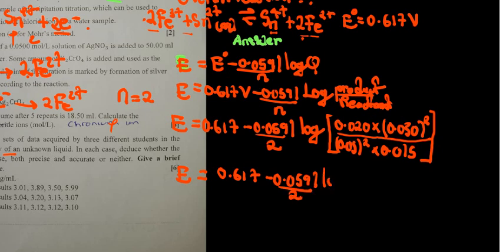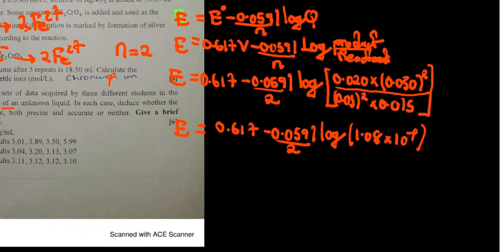Then I'm going to say log of what we're going to have here, which is going to be a value of 1.08 times 10 to the power negative 4. So after doing your math in your calculator, the final value that you must have as your value of the E cell should be 0.5 volts.